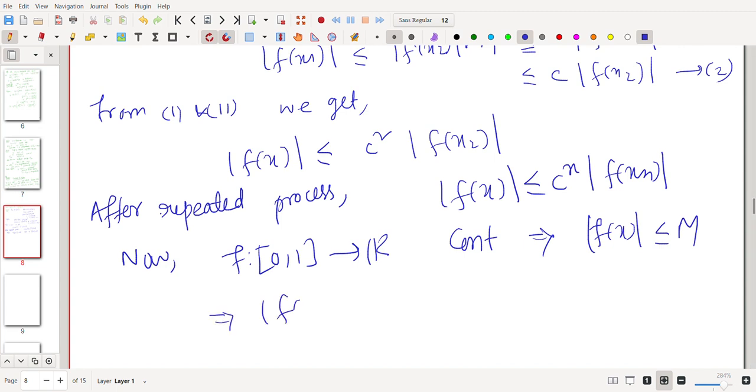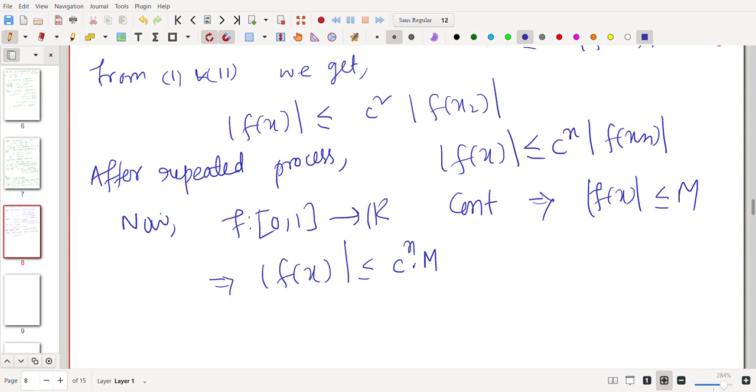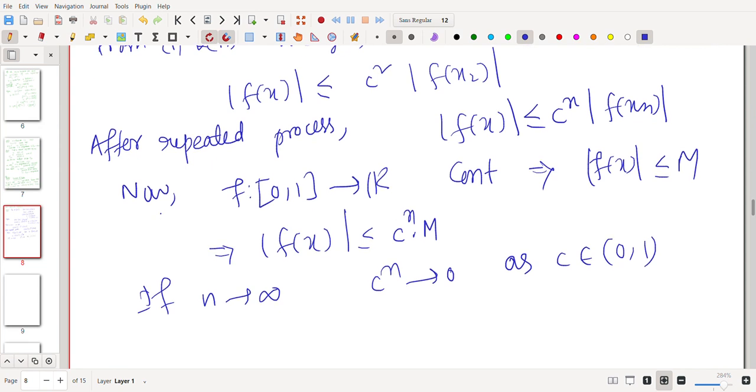We know that. That will imply |f(x)| ≤ cⁿ times M. Now if n goes to infinity, cⁿ goes to 0, as c belongs to (0,1), which will imply f(x) equals 0.